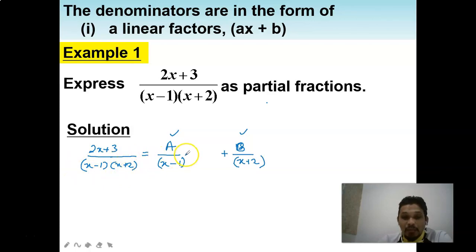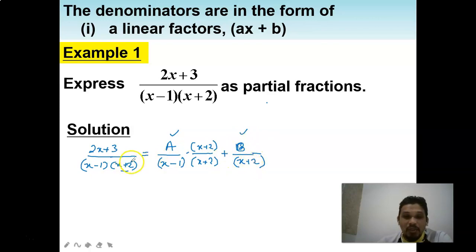So slowly with me here, we are going to equalize the denominator of A divided by x minus 1 and compare it with the original, which is x minus 1 multiplied by x plus 2. So we are going to multiply this by x plus 2 and also x plus 2. And what about B divided by x plus 2?